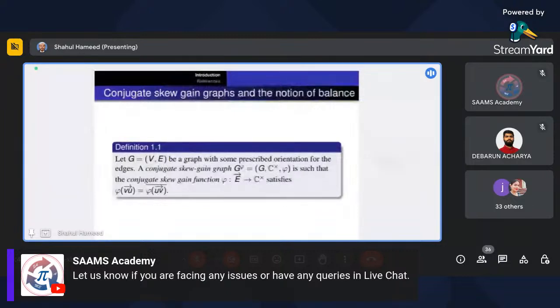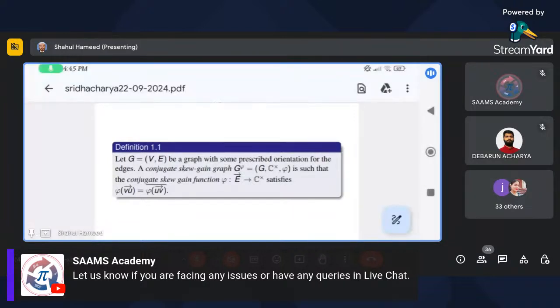Okay, as already mentioned, conjugate skew gain graphs are nothing but a particular case of skew gain graphs where, if you want to reverse the orientation and assign a value to the other way part of the edge, then it will be the conjugation. That's all.